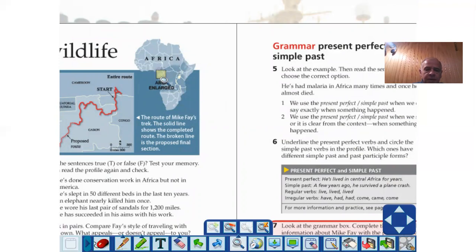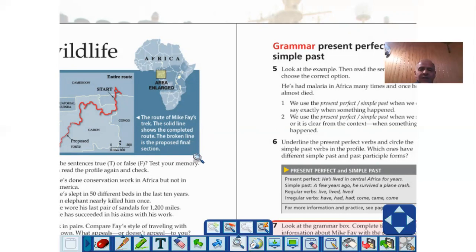So read this, please, Kimberly. The route of Mike Fay's trek. The solid line shows the completed route. The broken line is the proposed final section.